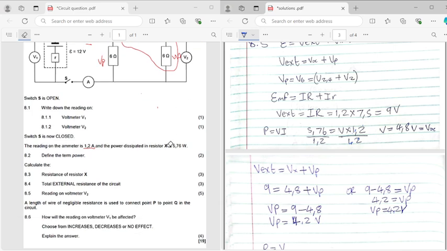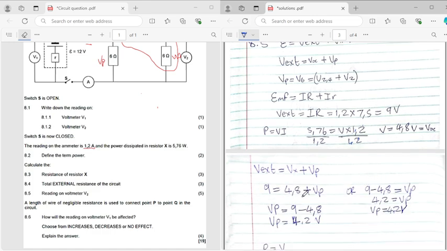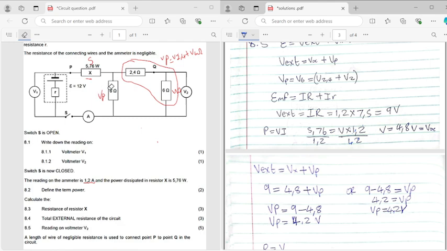Since we have Vx and V external, which is 9, calculated here, I subtract 4.8 from 9, and it gives me 4.2 volts, which means the voltage in parallel, Vp, is equal to 4.2 volts.